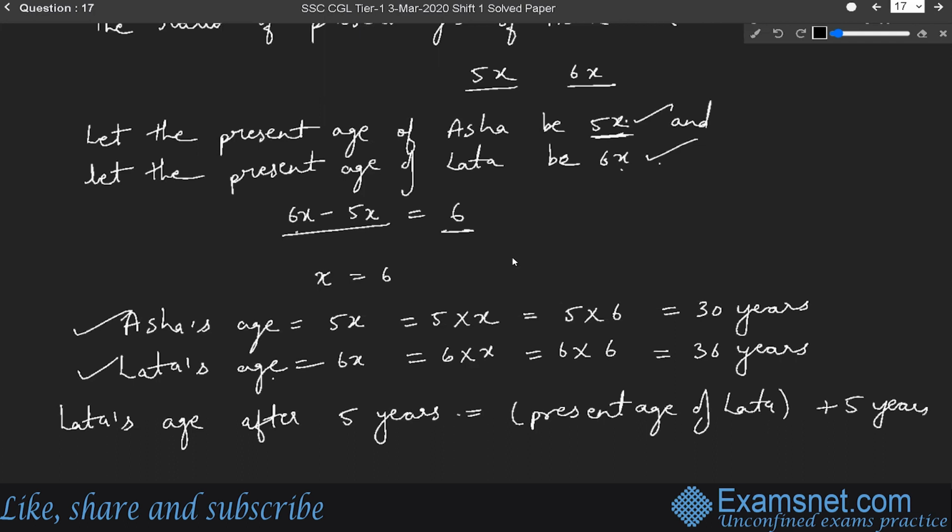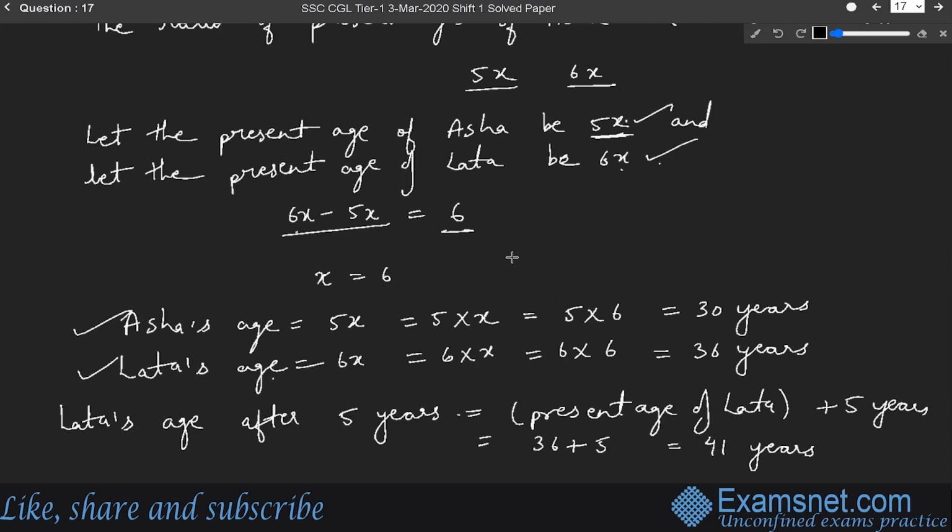For example, if your age is 21, then after 5 years, your age will be 21 plus 5. Similarly, if Lata's present age is 36 years, then Lata's age after 5 years will be 36 plus 5. So this will be equal to 41. Therefore, Lata's age after 5 years is 41 years.